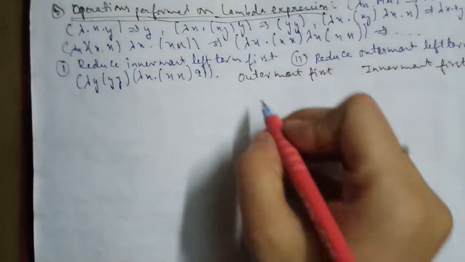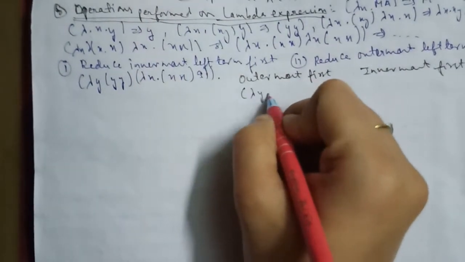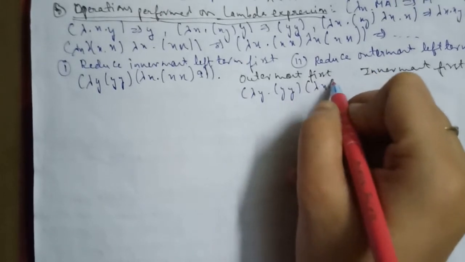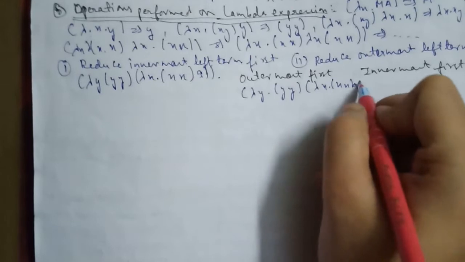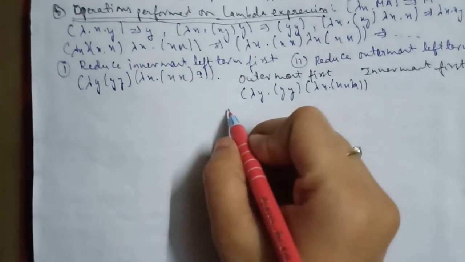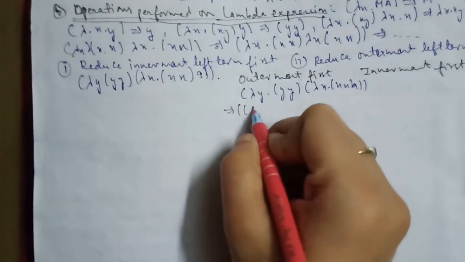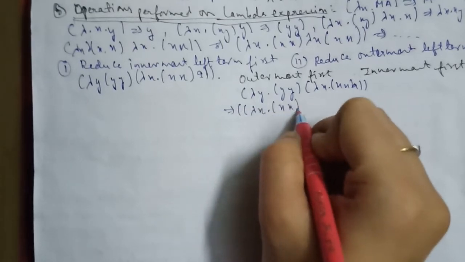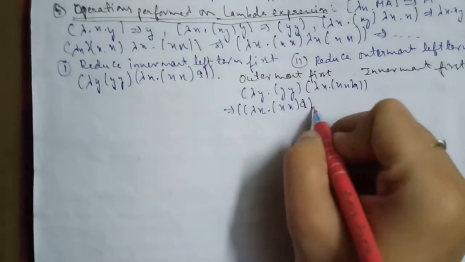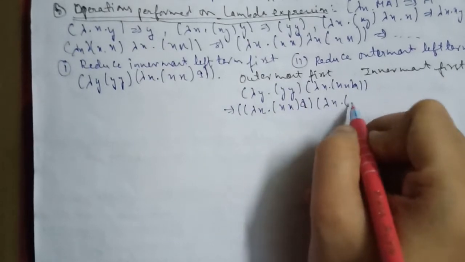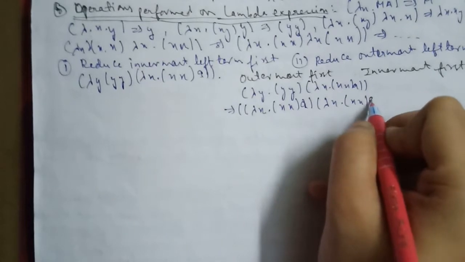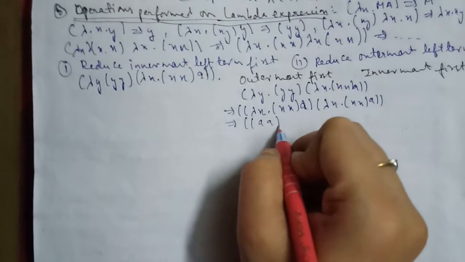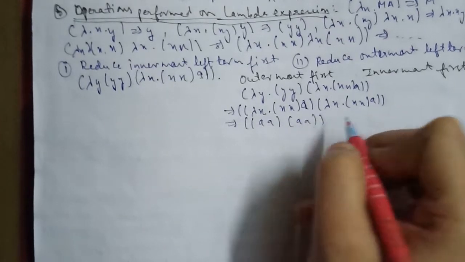For the outermost, we take lambda y dot y applied to lambda x dot x x a, then the expression closes, which gives lambda x dot x x applied to a, and that is lambda x dot x x, and then after that it will be lambda a, and that is closing.